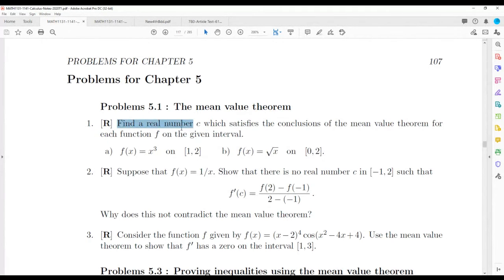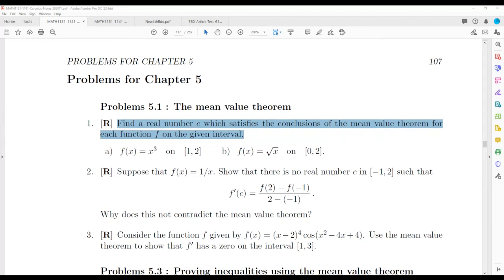So the MVT really is just an average value theorem. In this context, I don't mean that it's a really mean, horrible theorem.